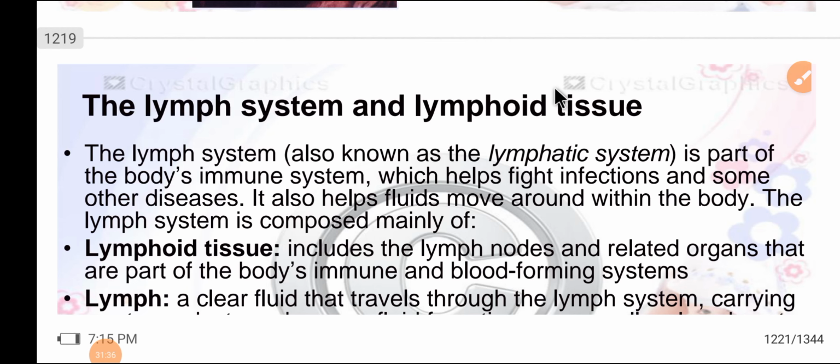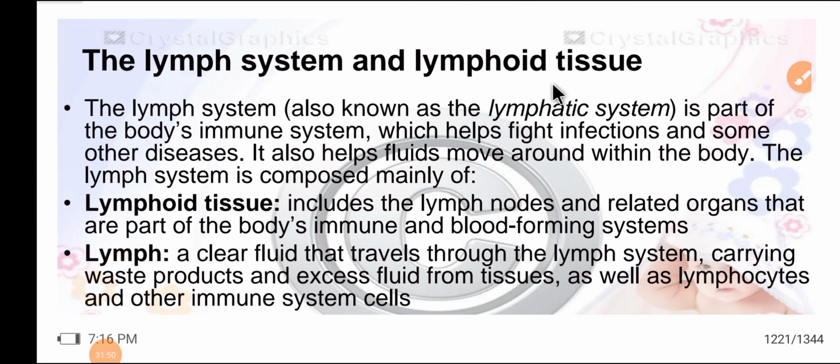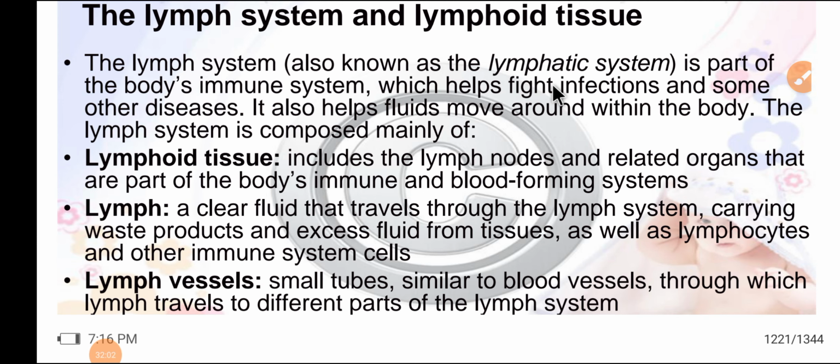The lymph system is composed mainly of lymphoid tissue, which includes the lymph nodes and related organs that are part of the body's immune and blood forming systems. Lymph: a clear fluid that travels through the lymph system, carrying waste products and excess fluid from tissues, as well as lymphocytes and other immune cells.